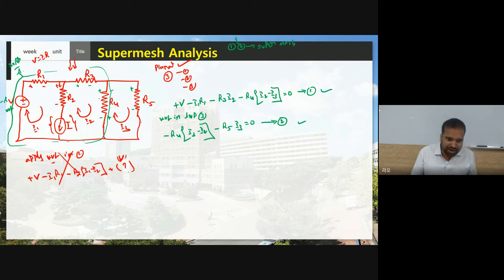See, here we have current source I. The current source I is the difference between two mesh currents, I1 and I2. So here I should write I1 minus I2. So this current source is equal to the difference I1 minus I2. Why have I written I1 minus I2? Why not I2 minus I1?